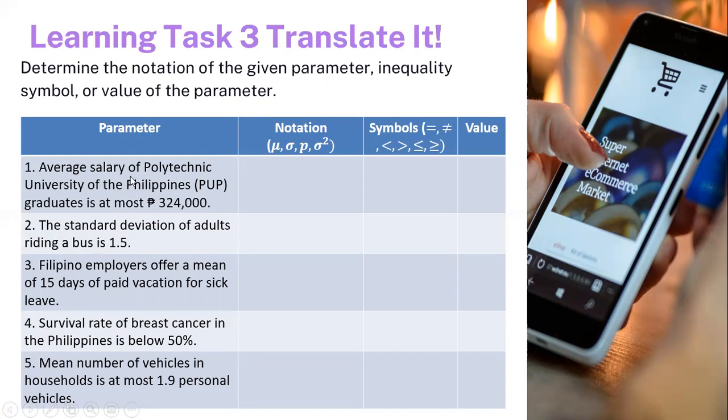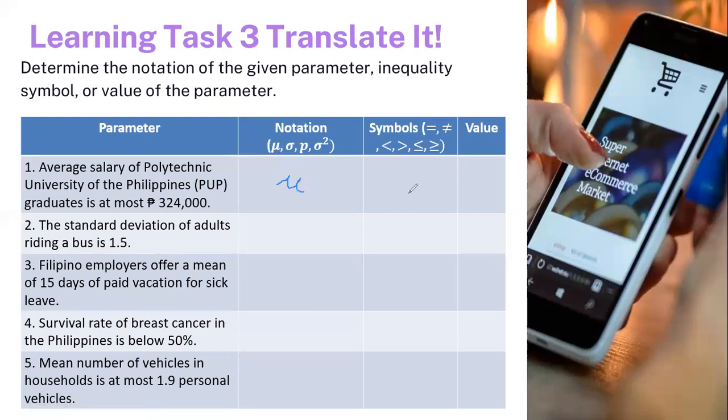Average salary of Polytechnic University of the Philippines or PUP graduates is at most 324,000 pesos. So what symbol will you use? Of course, it comes from the population, so we need to use the symbol mu.